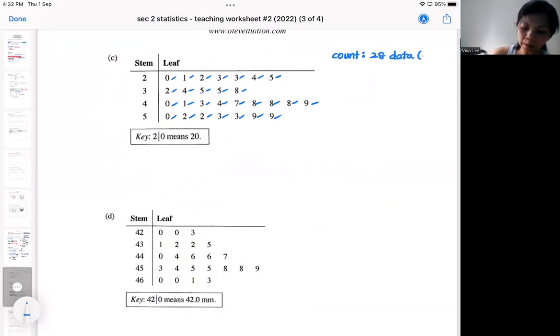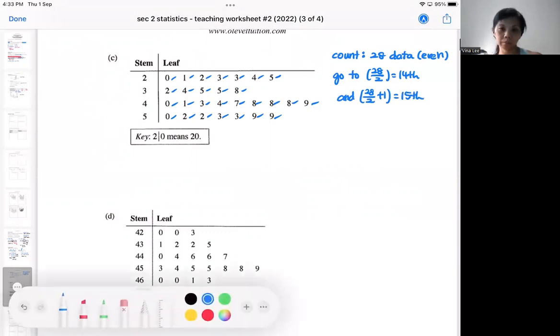So again, this is an even. So you should go to 28 over 2, which is the 14th data, and you should go to 28 over 2 plus 1, which is the 15th data. So if it's an even number, you go to the middle two.